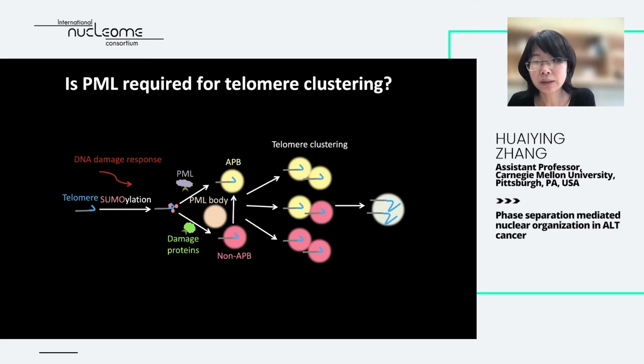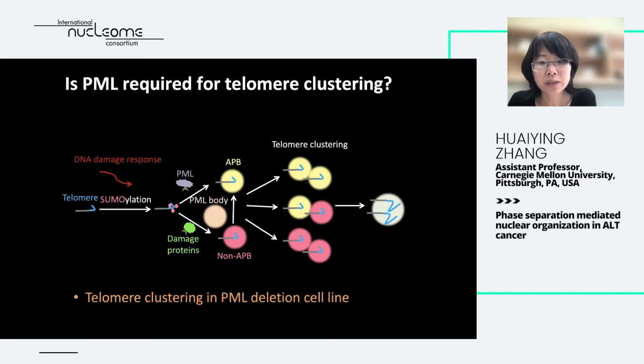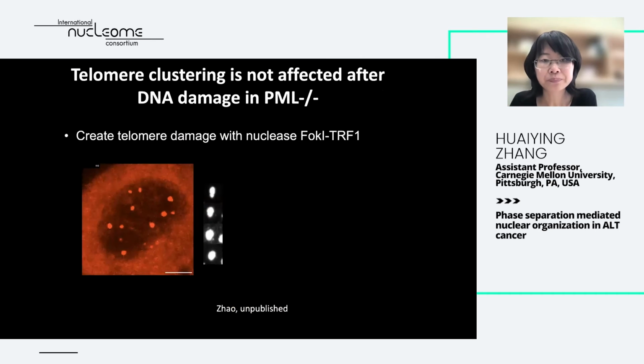To test this, whether PML is required for the clustering, in other words, whether non-APB involved clustering exists in those cells, we're trying to look at telomere clustering in PML deletion ALT cell lines.